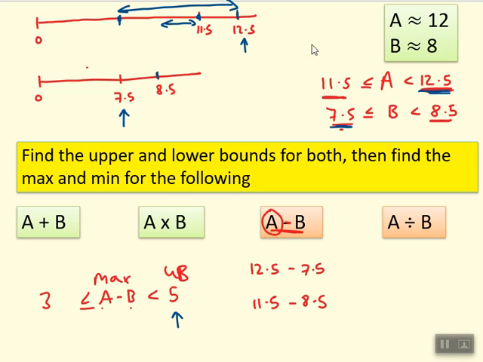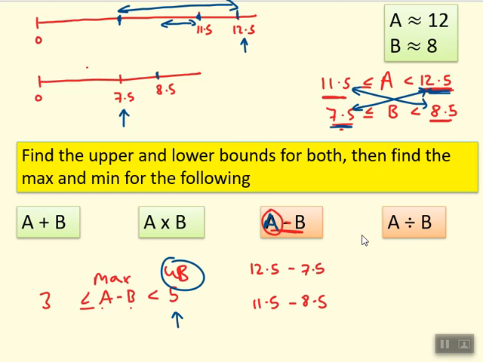It's this crisscross thing, and I hope that makes sense. So when you're taking away, it's counterintuitive. If you want the upper bound, you do the highest take away the lowest, like this. And if you want the lower bound, you do the lowest take away the highest, like this. Now, it's the same thing with division.